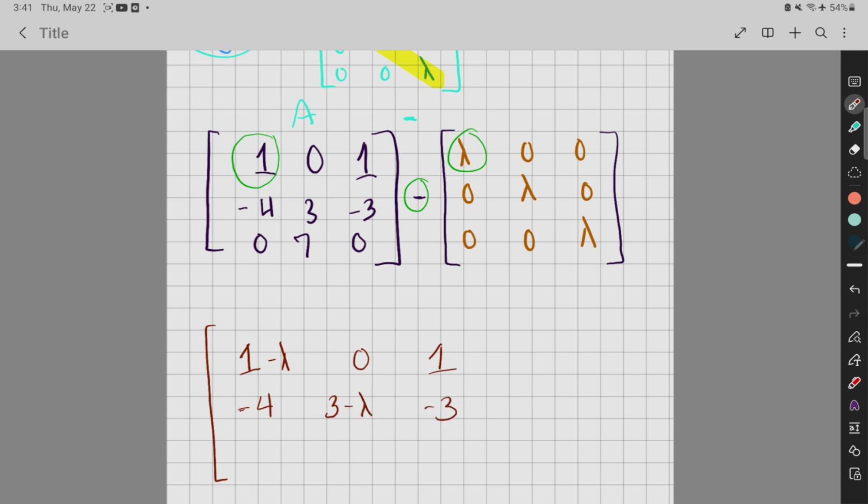And then that would be negative 3. 0, that's 0, 7. And then 0 minus lambda is minus lambda. And so, boom. Now we have everything where it needs to be, and then we can go on to the next portion of the problem.